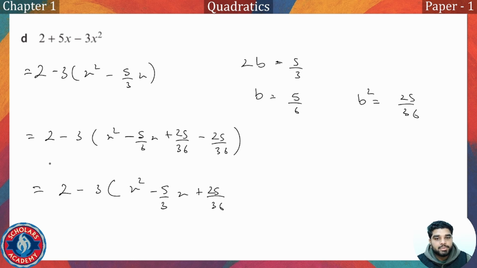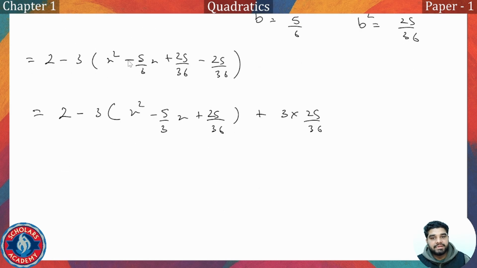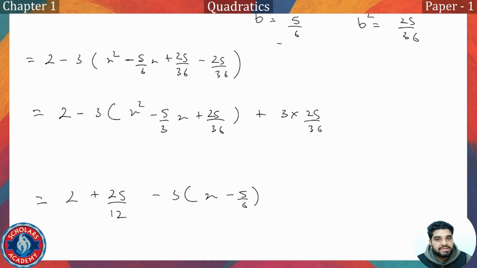It multiplies with a negative 3, so it gives us plus 3 times 25 by 36. So we get 2, and when we divide this, we get plus 25 by 12, minus 3, and over here it is x minus 5 by 6 whole square, because b is minus 5 by 6.